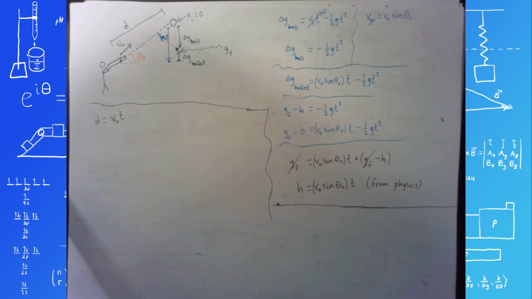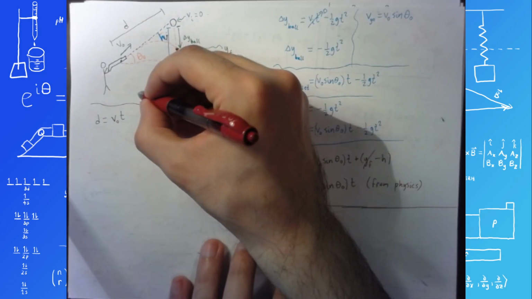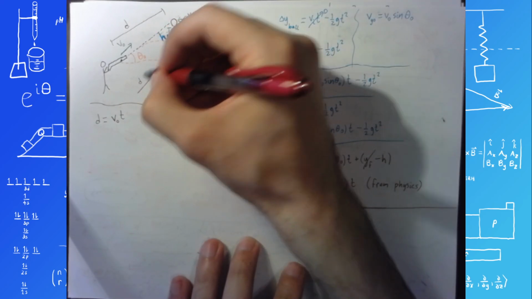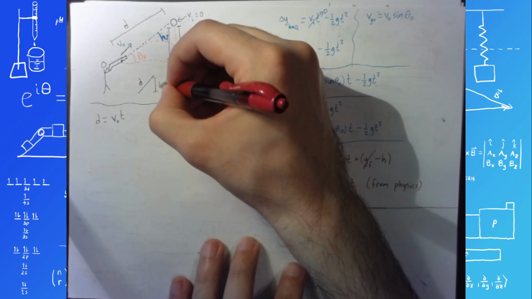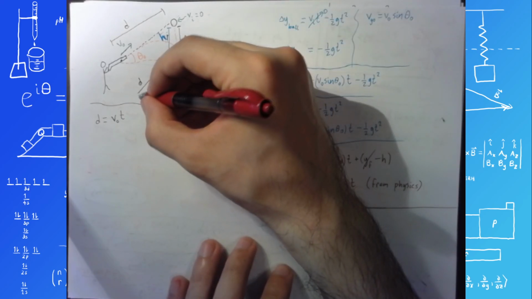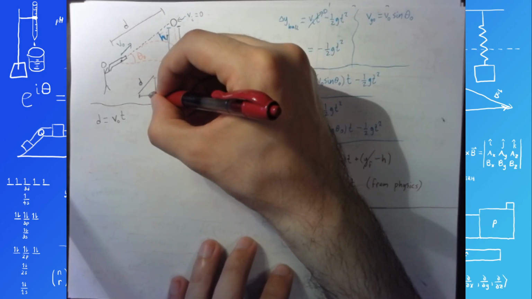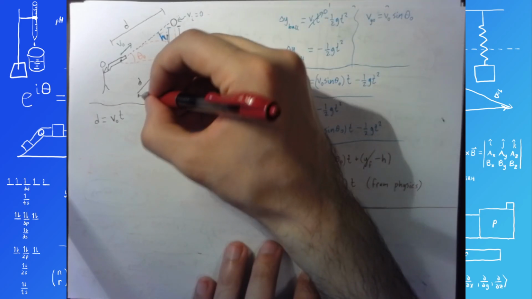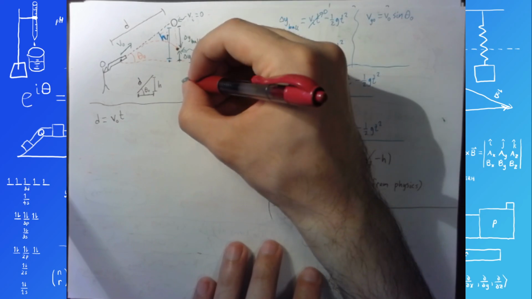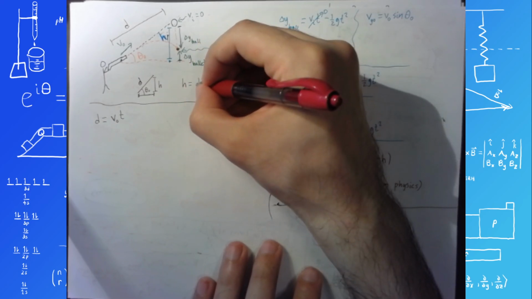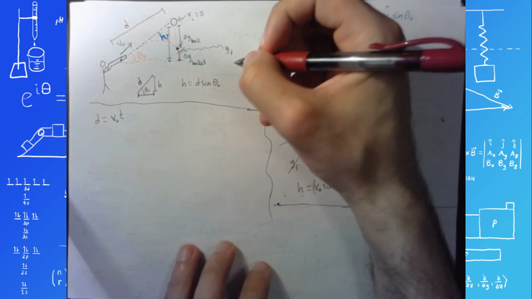Okay, so then if I want to calculate h, well, I have a right triangle whose lengths are d and then h, and then whatever this delta x is. And I know that this is theta 0, so I can say that h is equal to d times sine of theta 0.